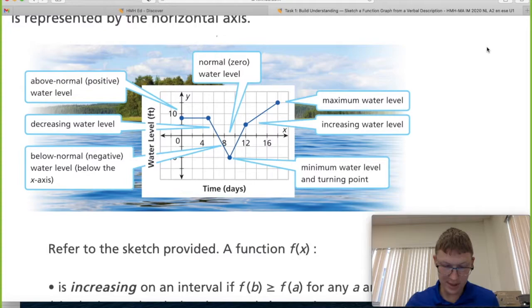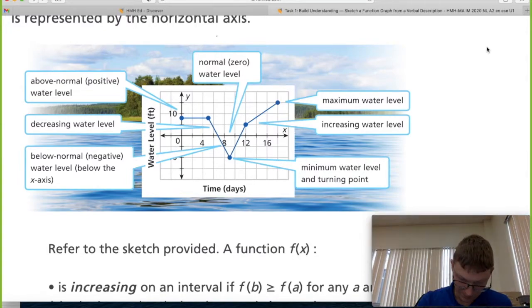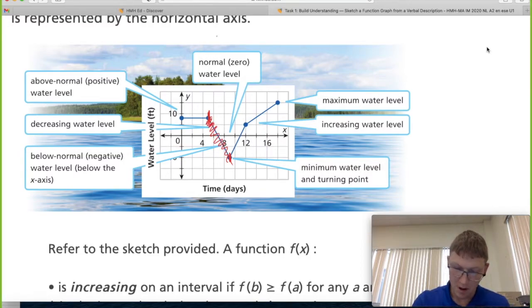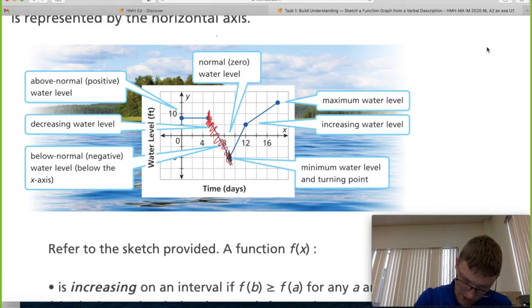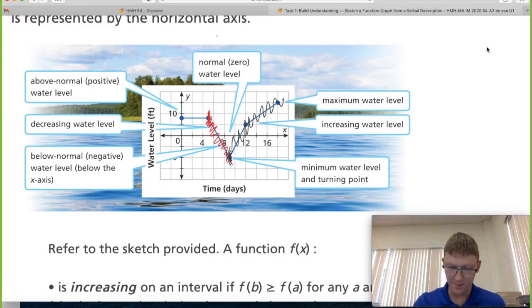So again, for example, our graph is decreasing from here to there. It's decreasing along this whole interval. Our graph is then increasing from here all the way up to there.